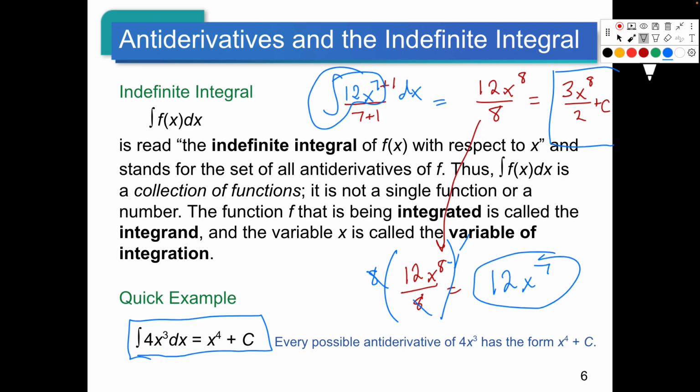This is cool because it also tells us, once we integrate, how to check our answer, kind of like algebra when we were solving. We can basically take its derivative and see if we got back to where we started. That's a technique we're going to use on Monday when we're doing the substitution, because it's more complicated. We're not quite sure if we got the right thing, so we'll take its derivative.